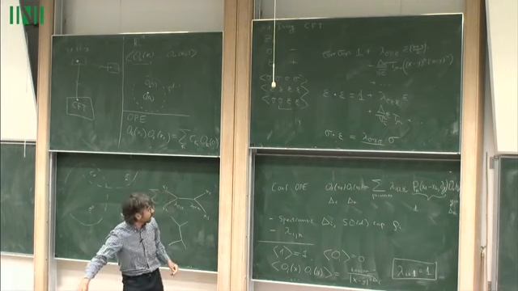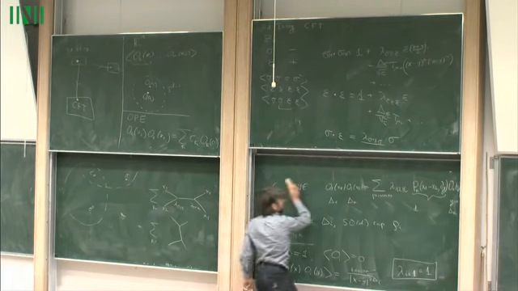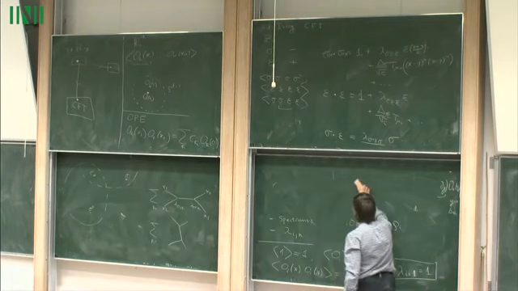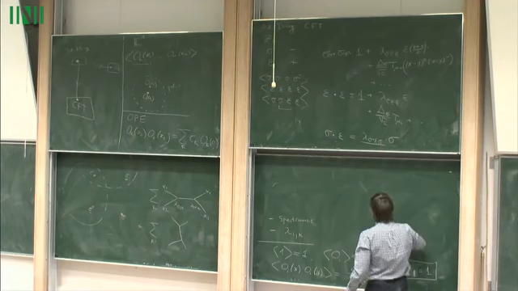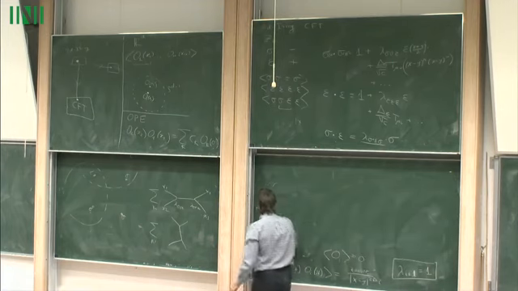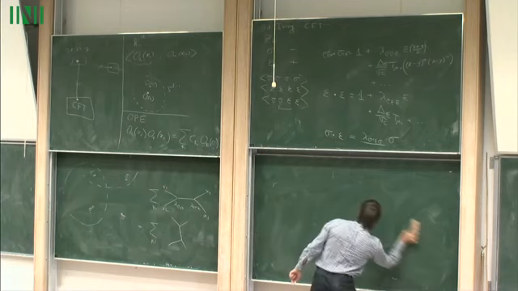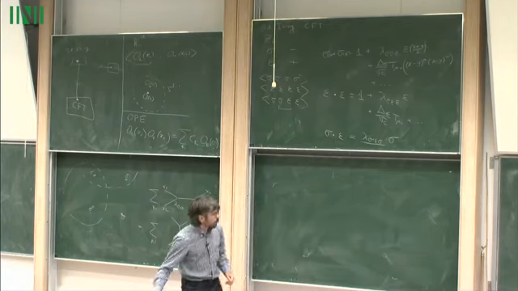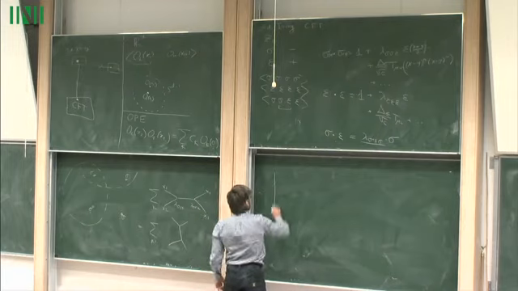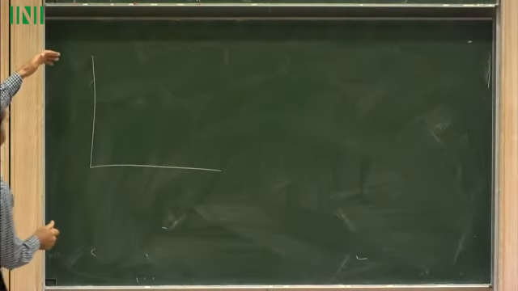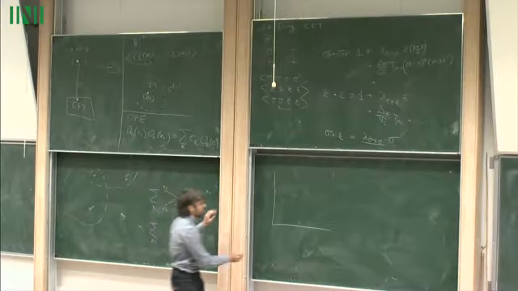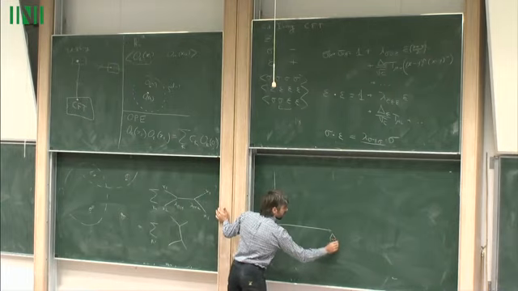And what you find is that, and then you do a scan. So there are now two parameters, delta sigma and delta epsilon.